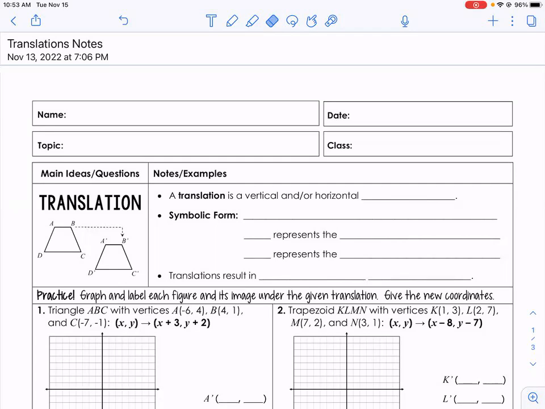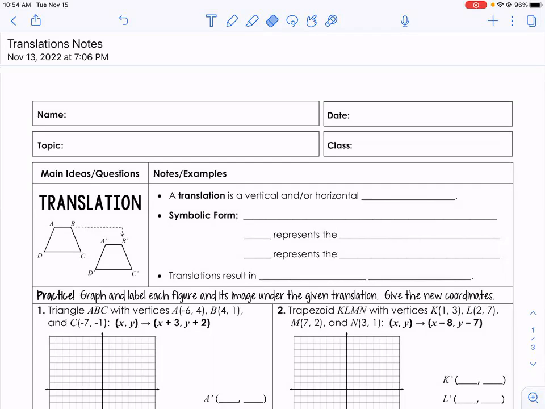So what we're going to do, all the way until Thanksgiving break, is talk about ways of taking either a triangle or quadrilateral. What do I mean by quadrilateral? 4 sides. A triangle has 3 sides. A quadrilateral has 4 sides. Let's take one of those and put it somewhere else.